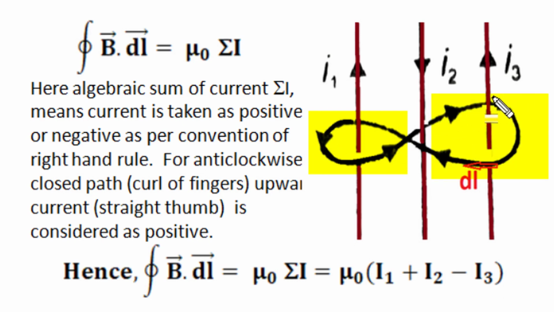When we make the closed line integration of magnetic field flux density over this loop as shown here, as per our right hand rule and convention, for this clockwise travel, this enclosed current I2 is positive and this I3 is negative, and for this anti-clockwise travel, this I1 becomes positive. In this loop all three currents I1, I2, I3 are enclosed, but I1, I2 got positive sense and I3 got negative sense. So the algebraic summation of current will become I1 plus I2 minus I3.